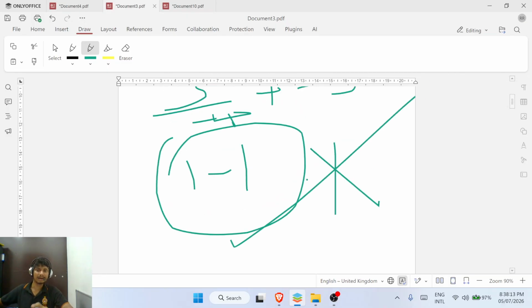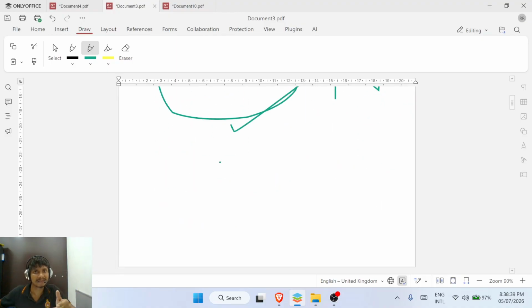We cannot conclude with only two or three values by substituting like this. Assume we substitute only 1, 2, 3, 4, 5, and say the values of f of x for 1, 2, 3 and 4 are different, unique values, therefore the function is one-to-one.